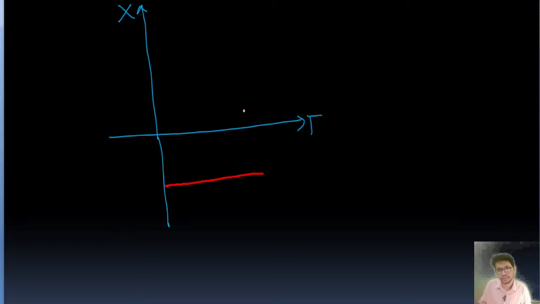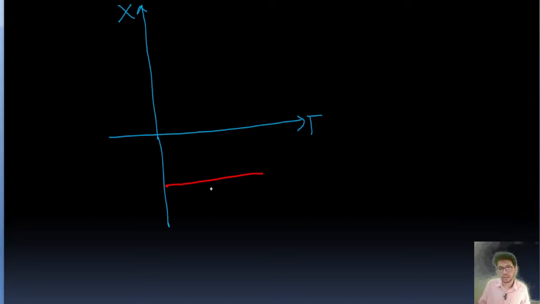This is the graph between chi, the magnetic susceptibility of a diamagnetic substance, versus temperature.